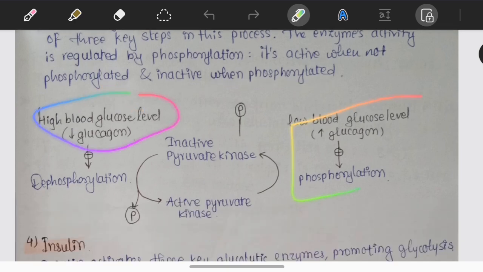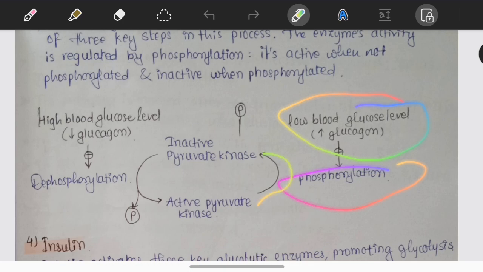When blood glucose level is high, glucagon decreases, which leads to dephosphorylation, and the inactive pyruvate kinase releases the phosphate and forms active pyruvate kinase. And when blood glucose is low, glucagon increases, phosphorylation occurs, and active pyruvate kinase forms inactive pyruvate kinase.